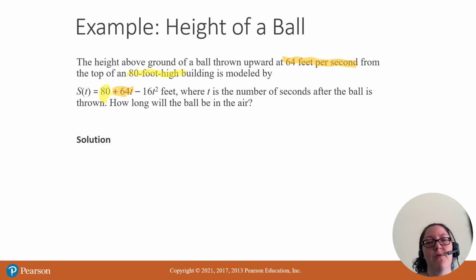Now you're probably going, well, where did the 16 come from? Well, that's minus 1/2 times g, which is gravity. And gravity is going to depend on whether I'm using feet or meters. And because I'm using feet, we know that our gravity is actually 32 feet per second squared.